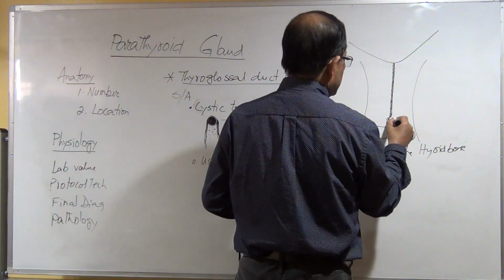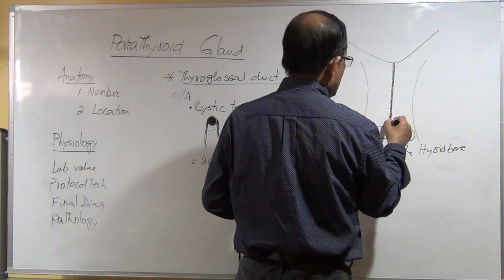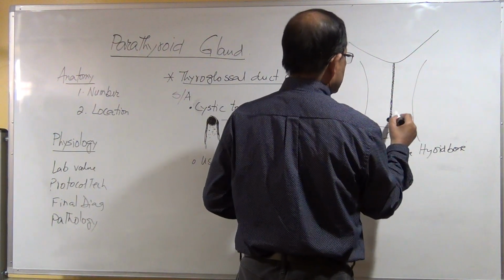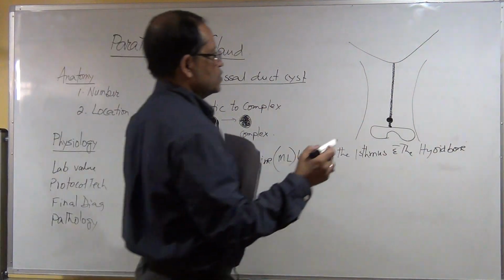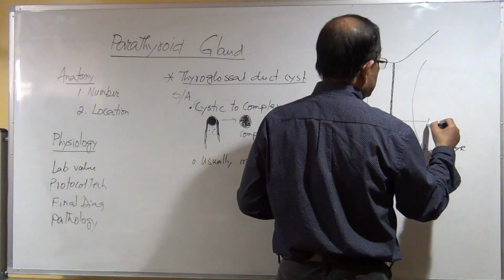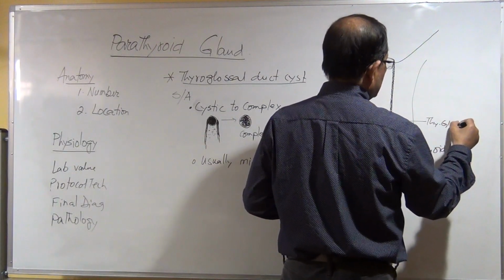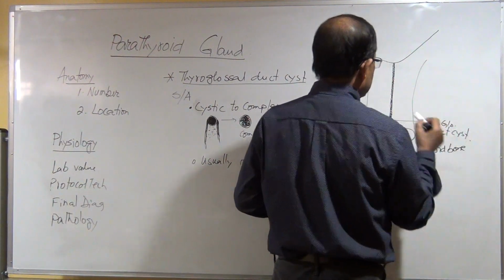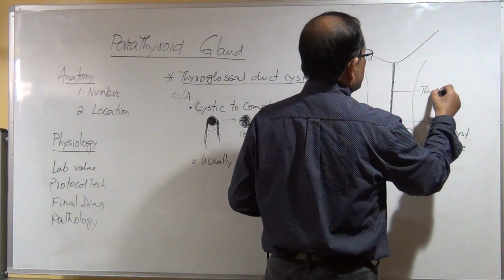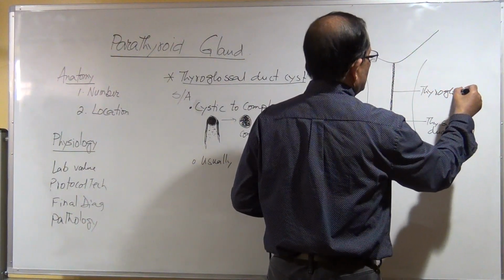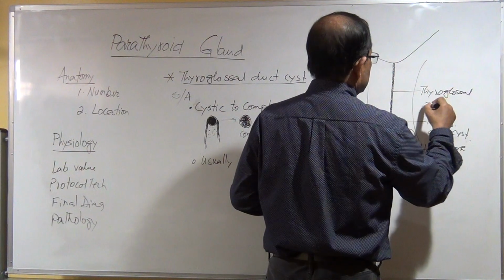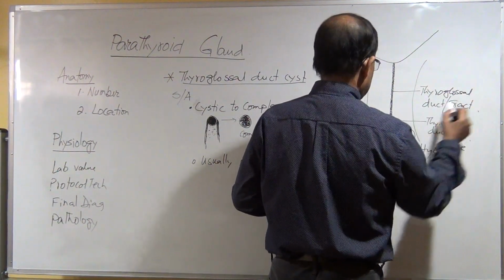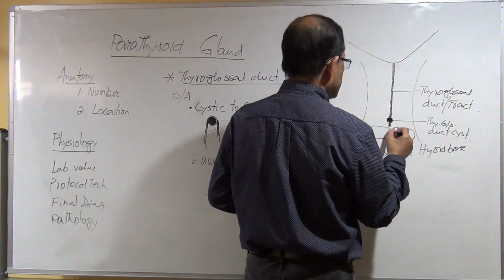Here you will see a small midline swelling, about the size of a green pea. This is the thyroglossal duct cyst, and this is the thyroglossal duct or tract.